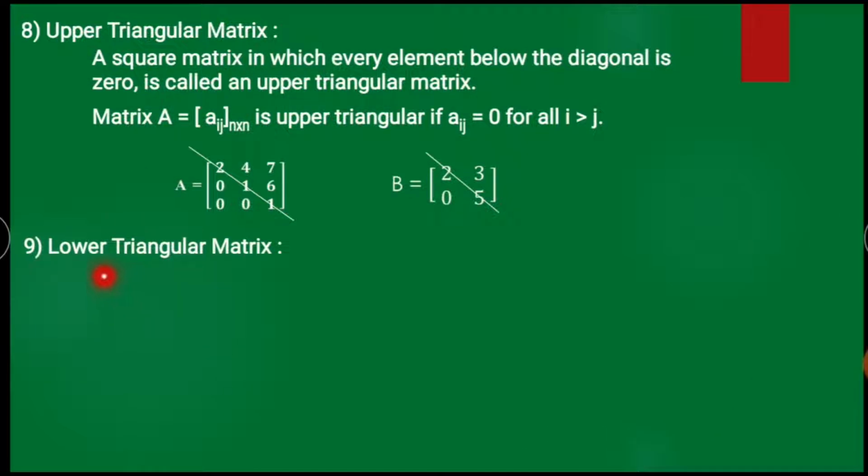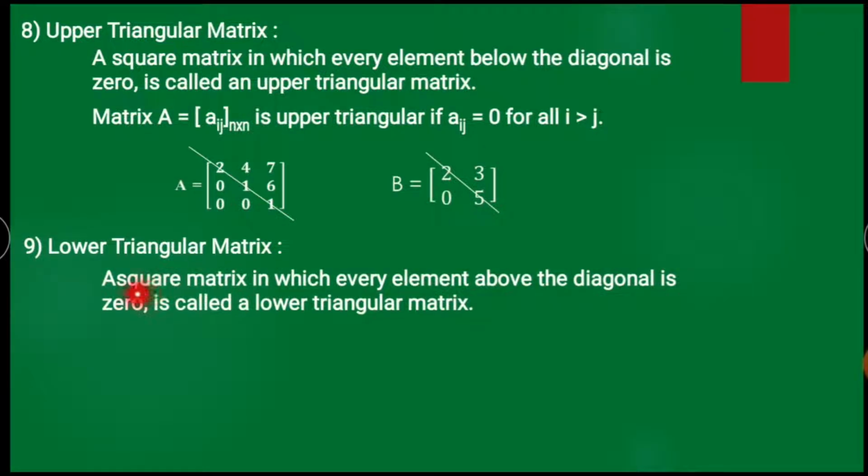Then next, lower triangular matrix. In an upper triangular matrix we required all the elements below the diagonal to be 0, whereas in a lower triangular matrix we require all the elements above the diagonal to be 0. See the definition here. A square matrix in which every element above the diagonal is 0 is called a lower triangular matrix.